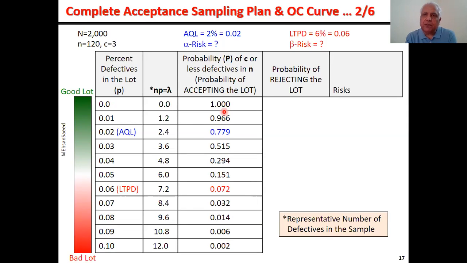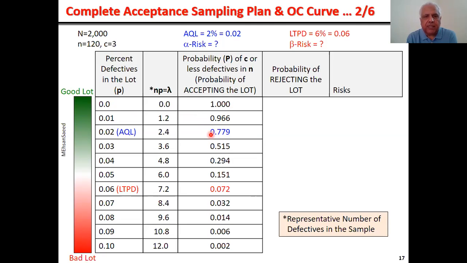Now, we have been asked to find alpha risk. Alpha risk is associated with which quality level? AQL. Here is AQL. And what acceptance probability we have found for AQL? 0.779 or 77.9%. This is acceptance probability. What is alpha risk?